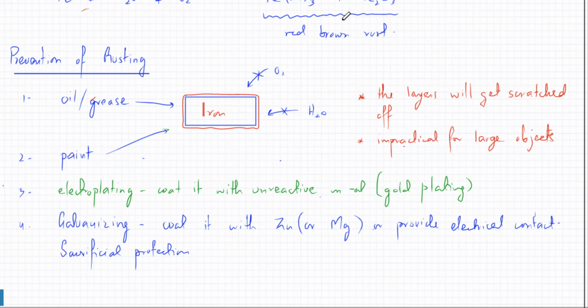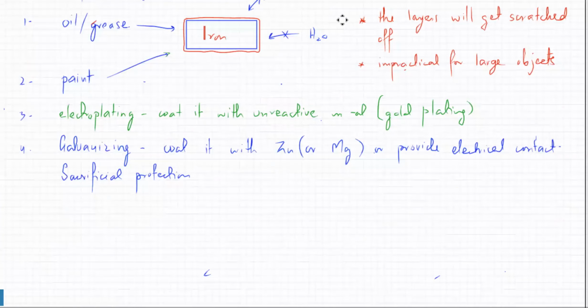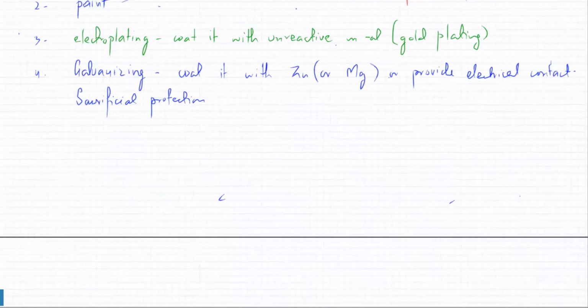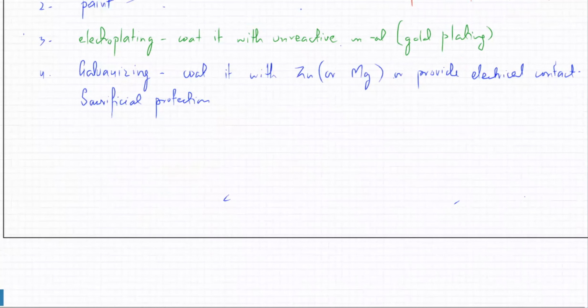A ship, you can't really paint all of it, ensure all of it is painted even on the first day, okay? So that's why small objects के लिए ठीक है, लेकिन not for big objects. So for big objects, whenever you talk about big objects, you talk about sacrificial protection. As for the two protections, the sacrificial and cathodic, the concept is kind of exactly the same.